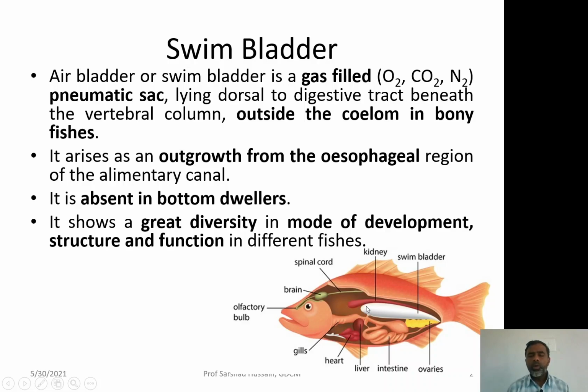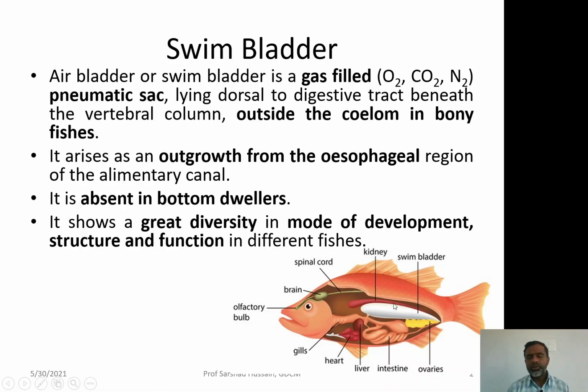Now, how does it help in swimming? Because the swim bladder contains air, filling a greater part of the body with air makes the body lighter in weight as compared to the volume of the body. When it becomes lighter, the fishes swim in the water very easily.